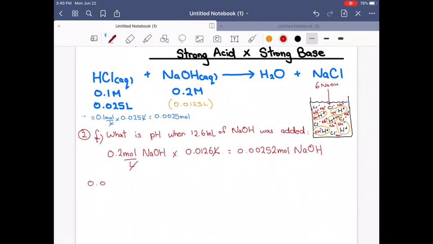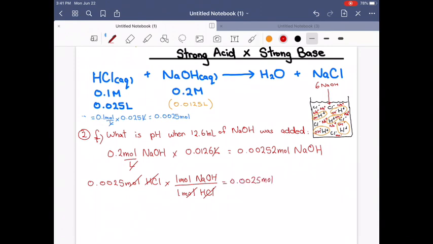0.0025 mole of HCl will react with the same amount of NaOH.